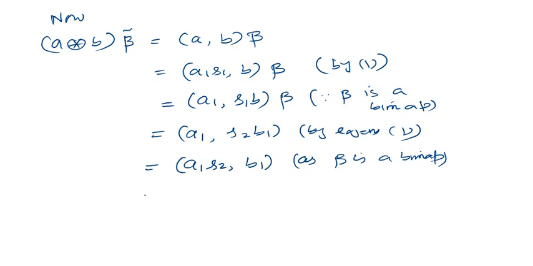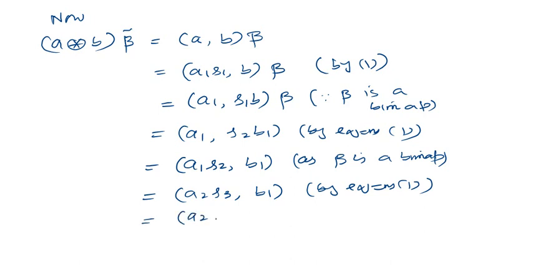and that's equal to A2 S3 B1 by equation 1, and this is equal to A2 S3 B1 of beta, as beta is a bimap.